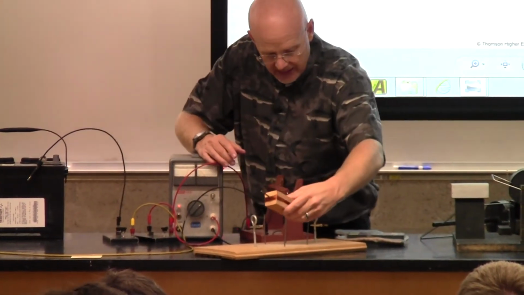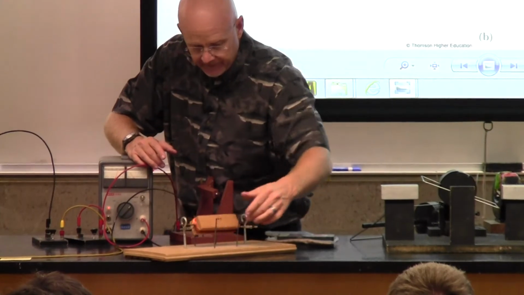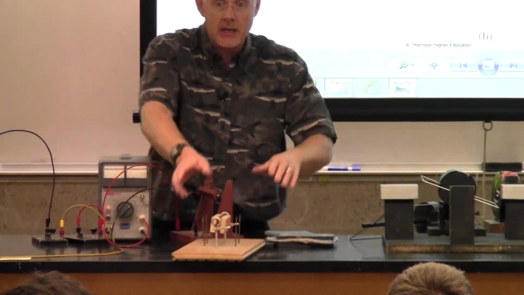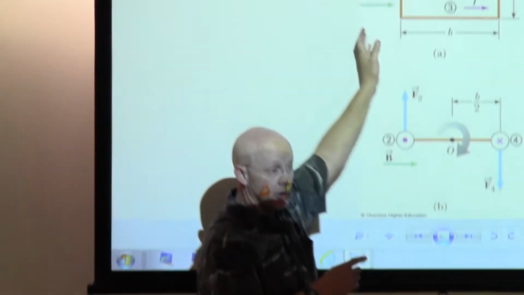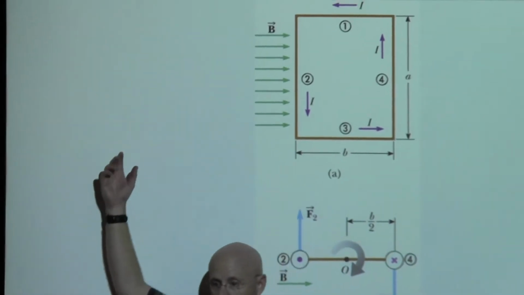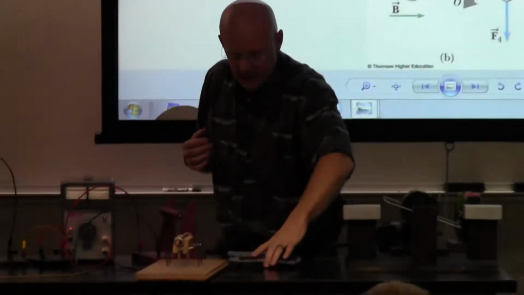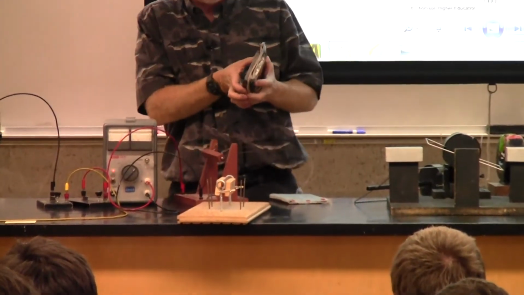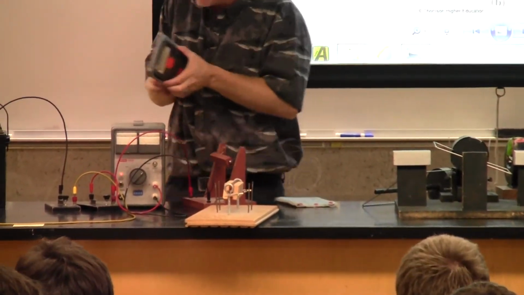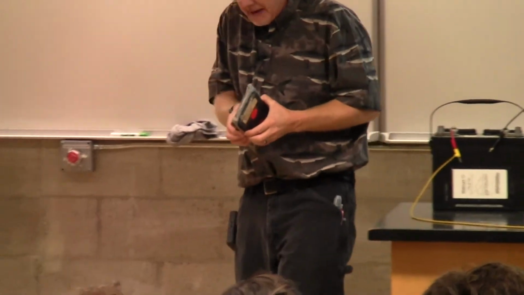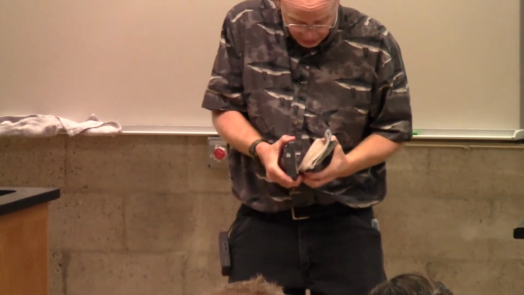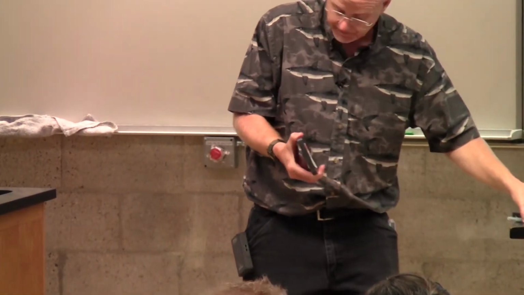But I'm going to place this on my little holder here, and I'm going to make a magnetic field going from, well, you guys here, from the left to the right. And so unfortunately that will block your view a little bit, but I've got some pretty good size magnets here, and I'll pull them apart for a second.